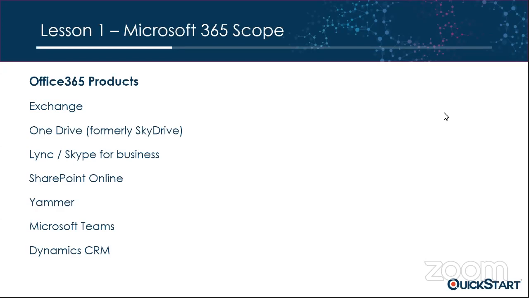Yammer is a good thing. Microsoft Teams, I love this software. Previously they were focusing on Skype for Business, but now Microsoft Teams has evolved so much that if you are an organization with many teams working in it, it would be the best tool to accompany with.